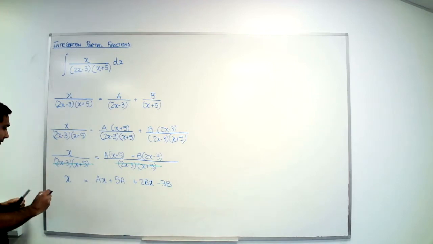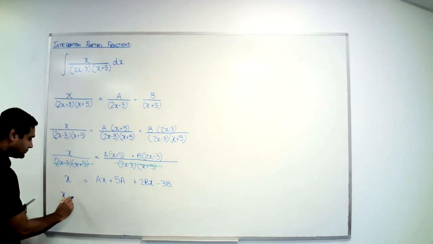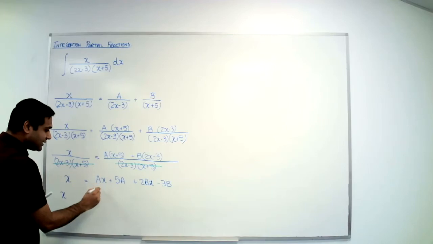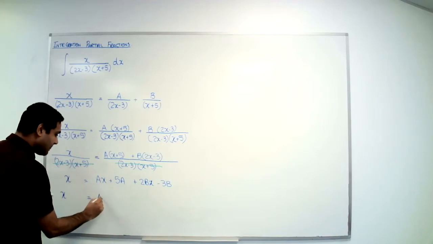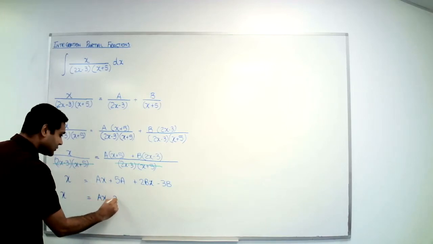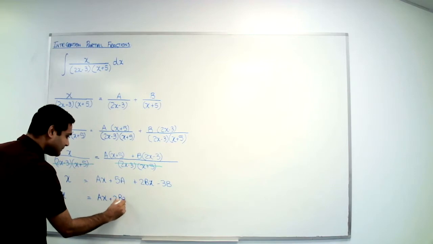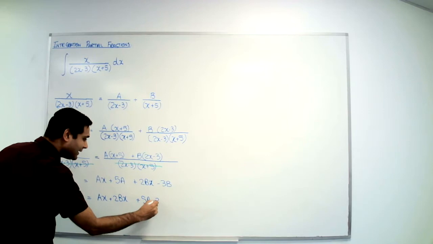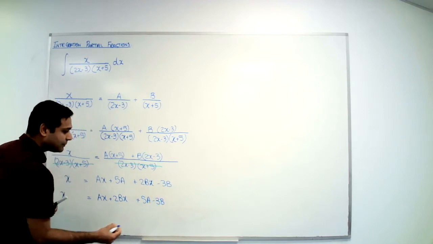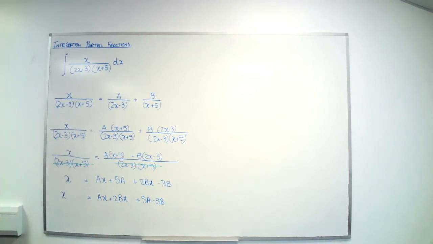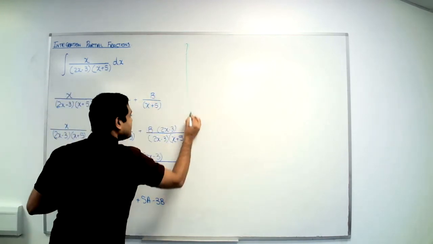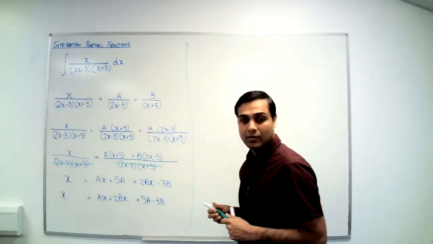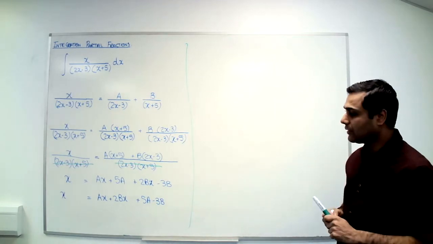So let's say this x on its own equals ax plus 2bx plus 5a minus 3b. Okay, we got that bit.